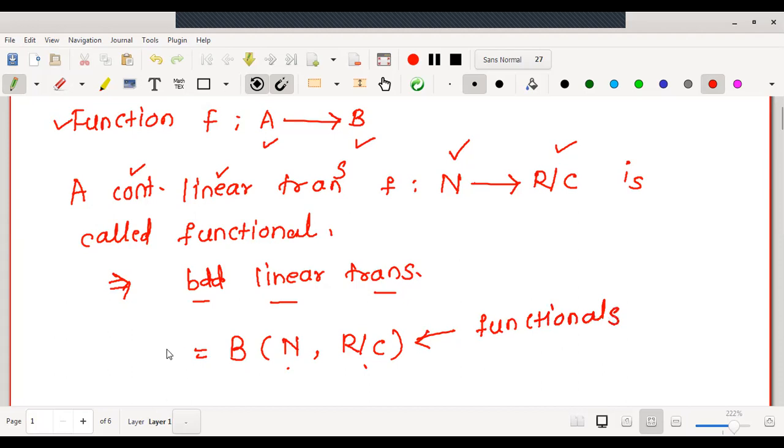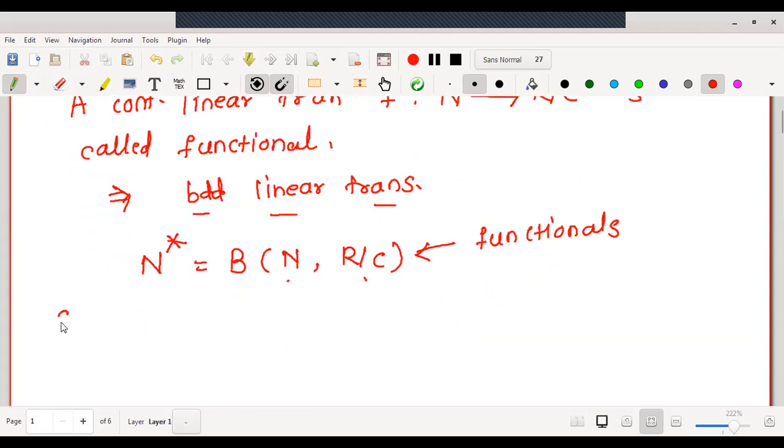And this set of all bounded linear transformations, or set of all continuous linear transformations, from N to either R or C is denoted by N star and is called a conjugate space, or dual space, or adjoint space.